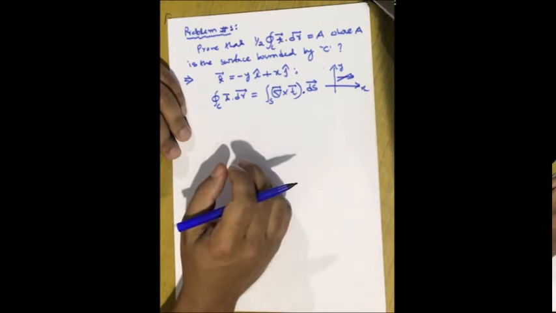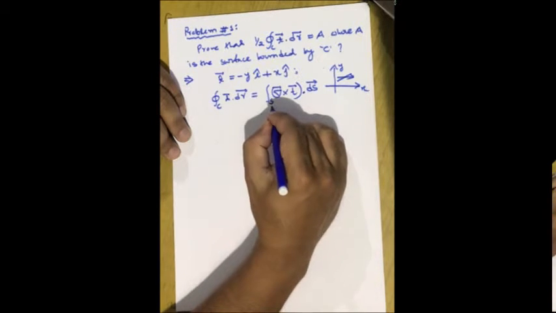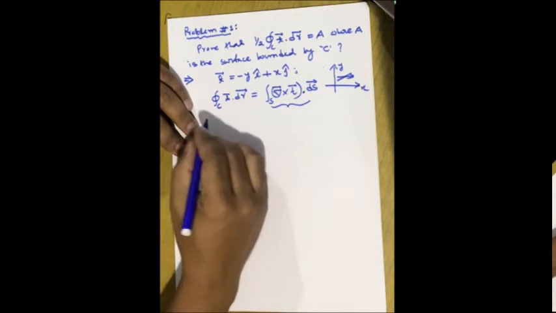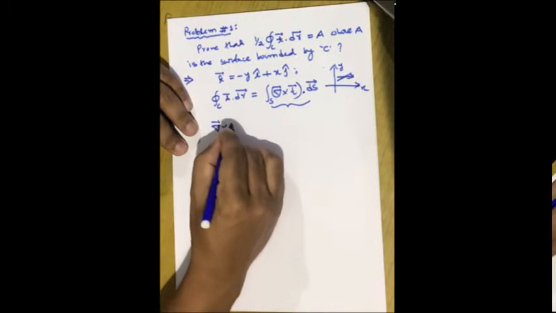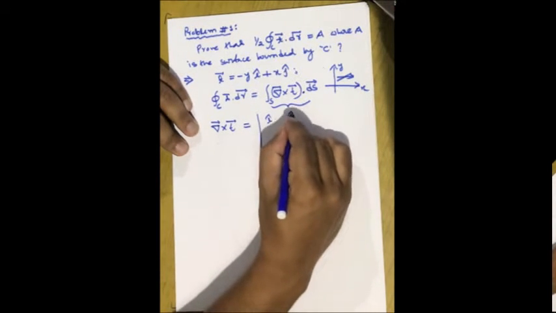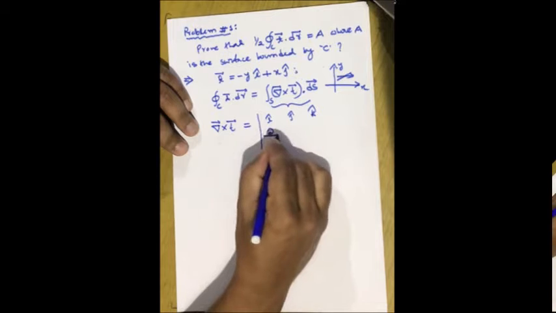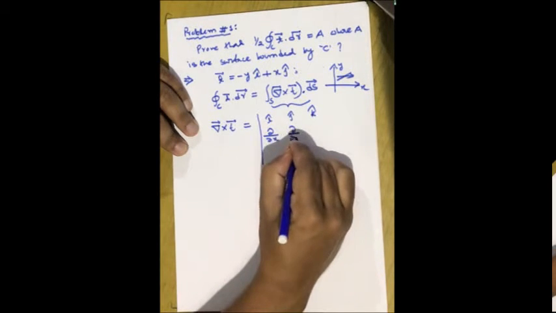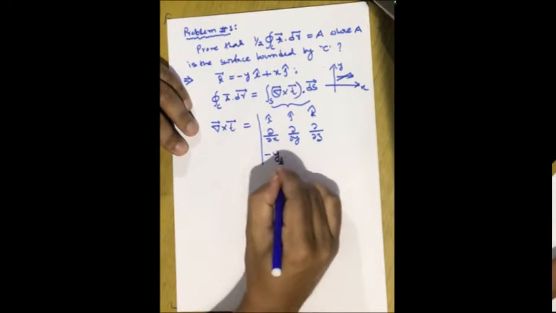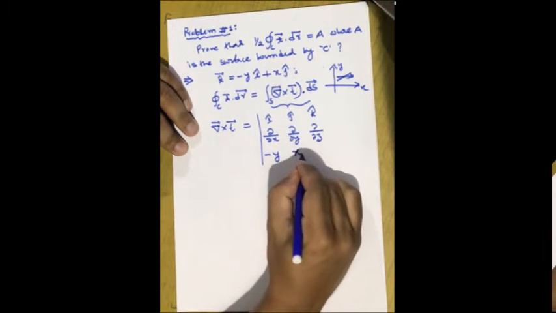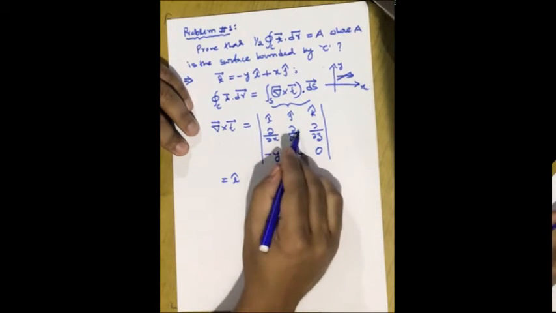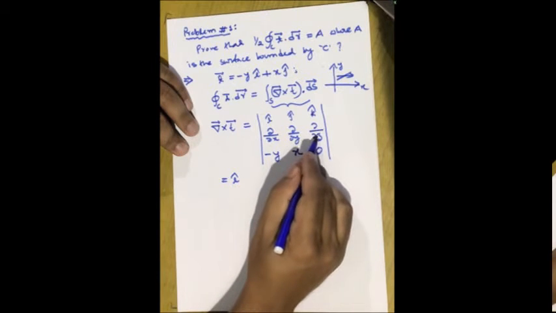Now what we have to determine is the value of del cross T, that means the curl of the vector. So del cross T vector is the determinant with i cap, j cap, k cap; del by del x, del by del y, del by del z; the x component is minus y, the y component is x, and the z component is 0. The i component is 0, since x does not depend on z.